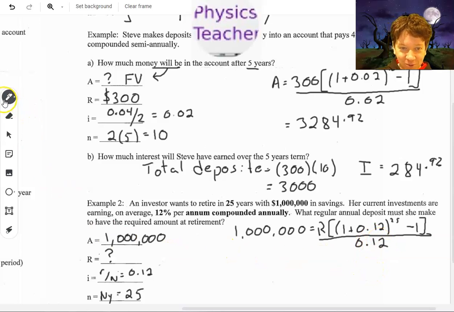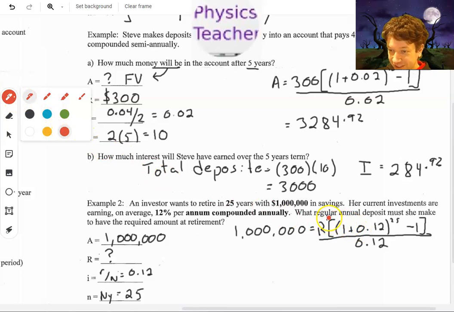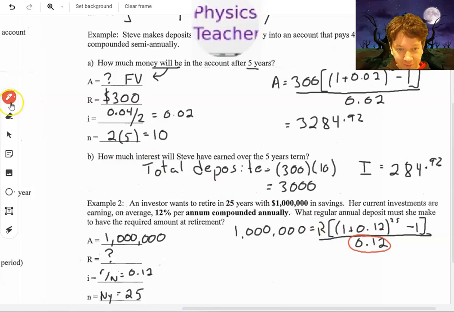All right, so what we're going to want to do here is rearrange to solve for r. So first, we're going to multiply both sides by 0.12, and then we're going to divide both sides by that huge bracket so that we can isolate for r.